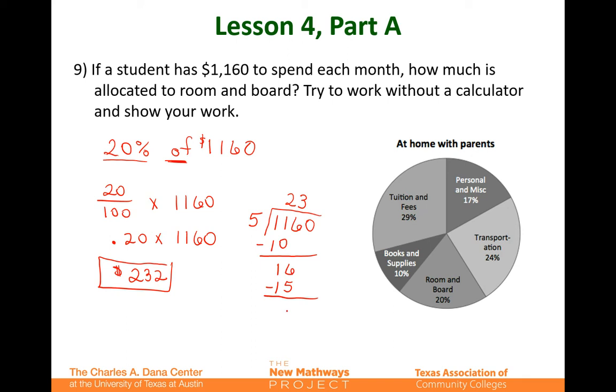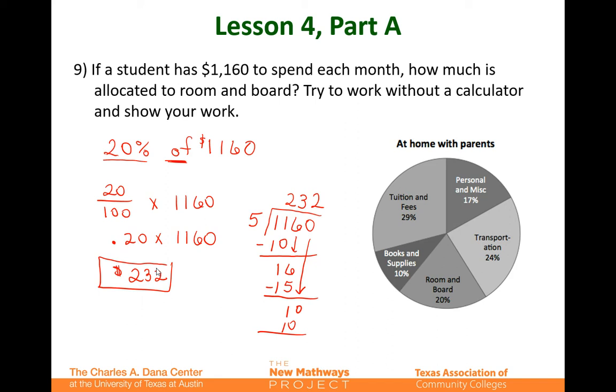And we subtract and we bring down one more time. And 5 goes into 10 twice. And we see that we come up with the same answer. It's good to be able to do this kind of mental estimation.